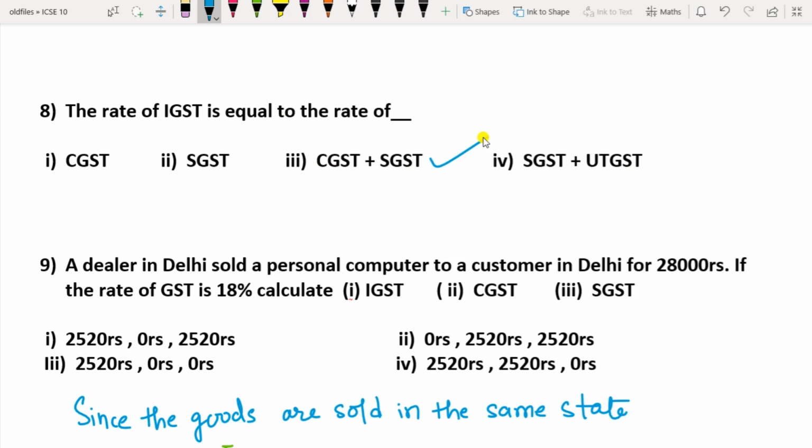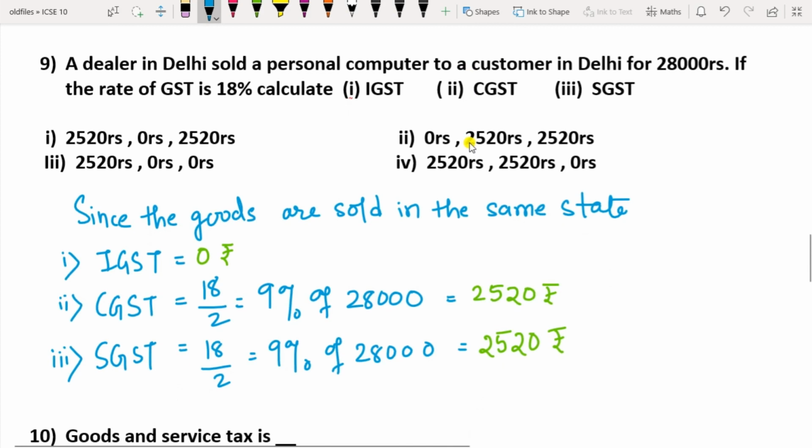Question 9 here is, a dealer in Delhi sold a personal computer to a customer in Delhi for 28,000 rupees. If the rate of GST is 18%, calculate IGST, CGST and SGST. Since the goods are sold within the same state, IGST will be 0.